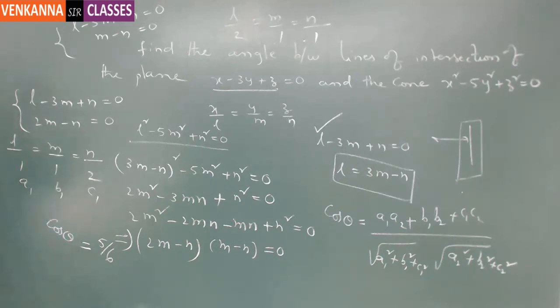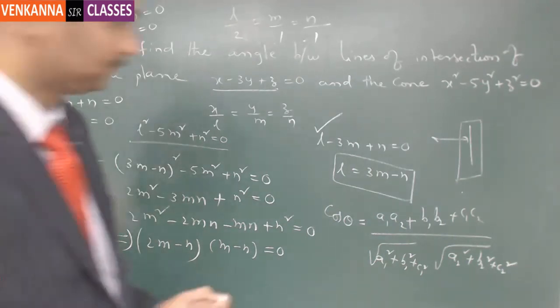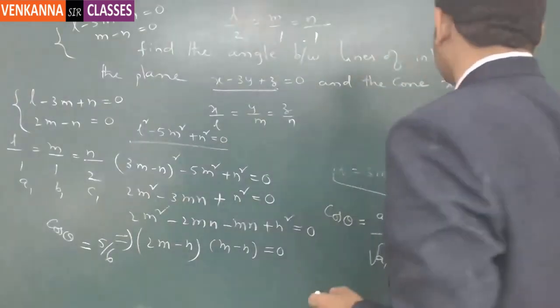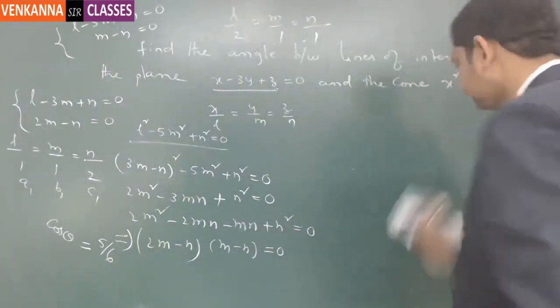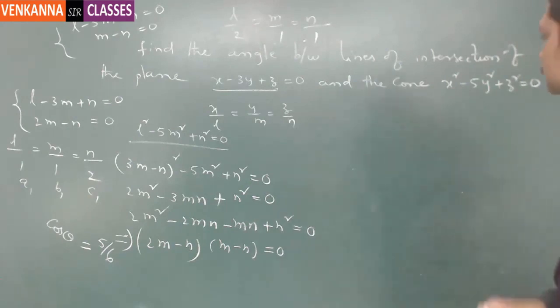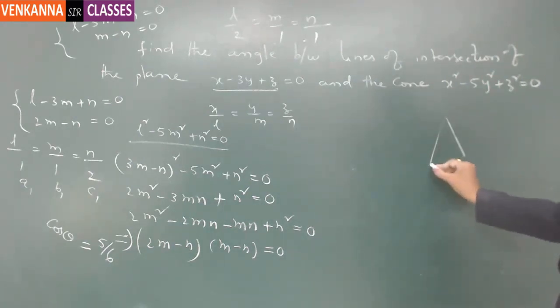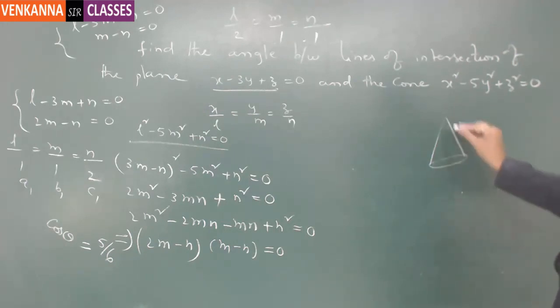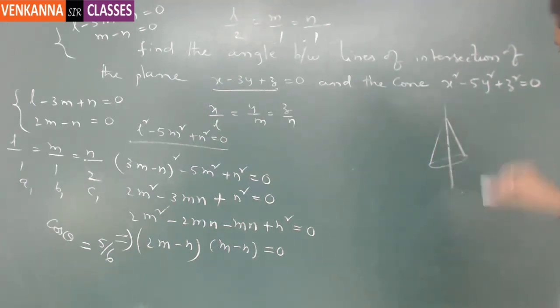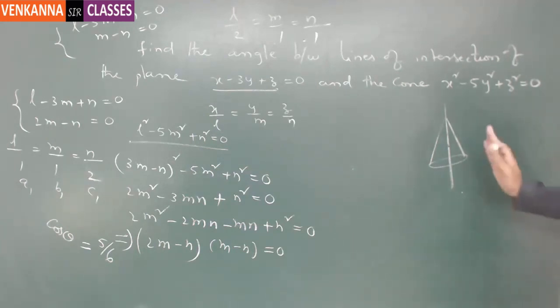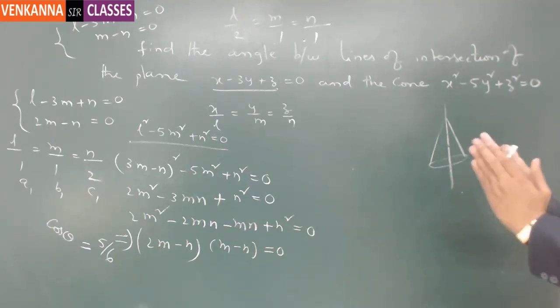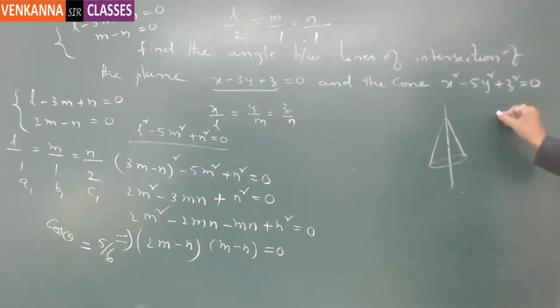Right. Now let us go with the start again. Now see, this is the cone at which the plane cuts. Now what happens, if you visualize separately, you will get a block like this.